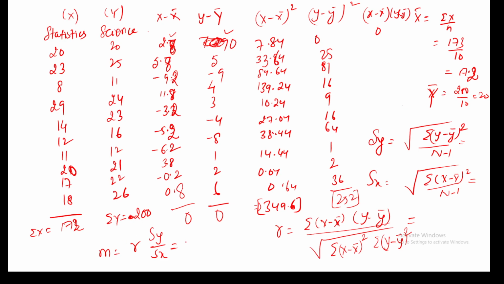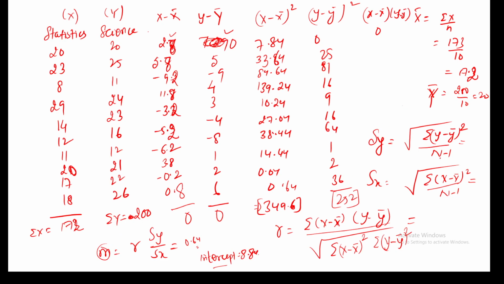Okay, fine. The slope should be somewhere 0.6 to 7 only. And the intercept, how much? 8.84. So now we have the value of m and the intercept.